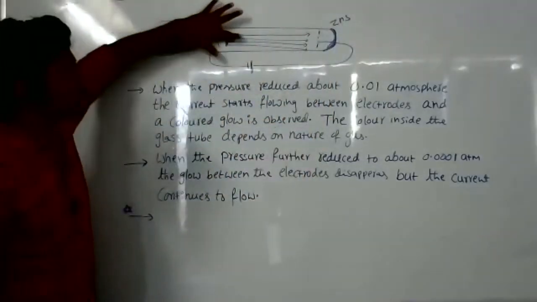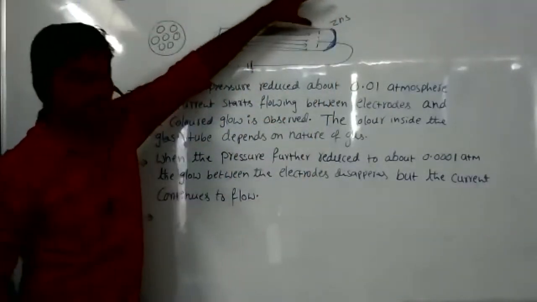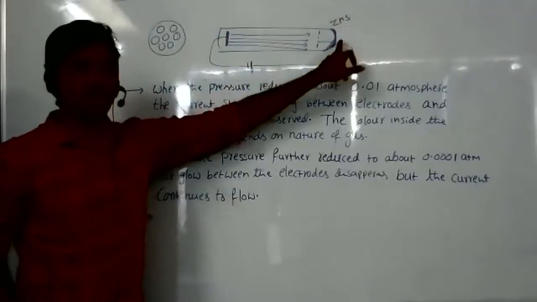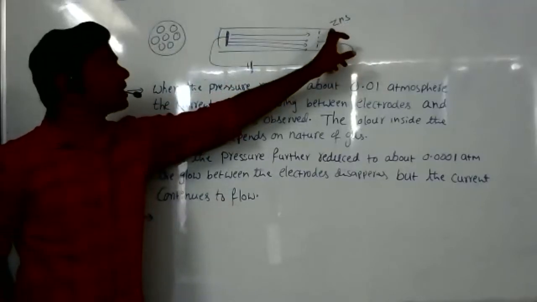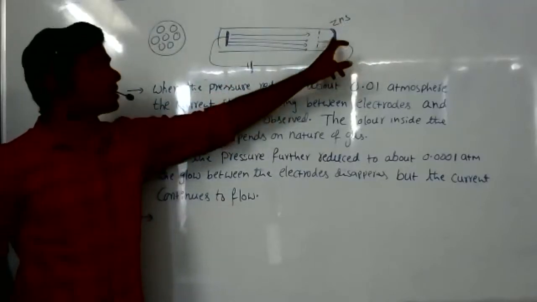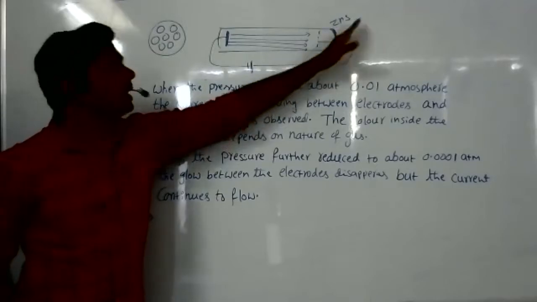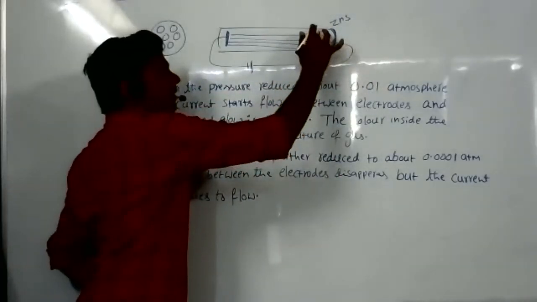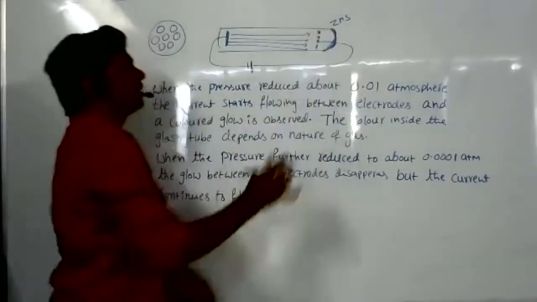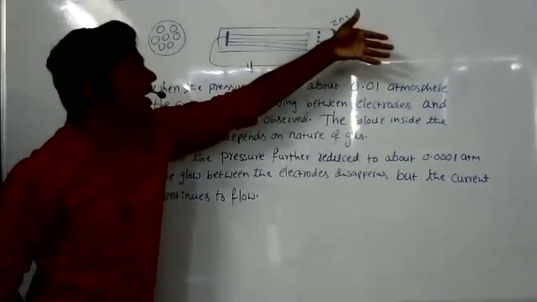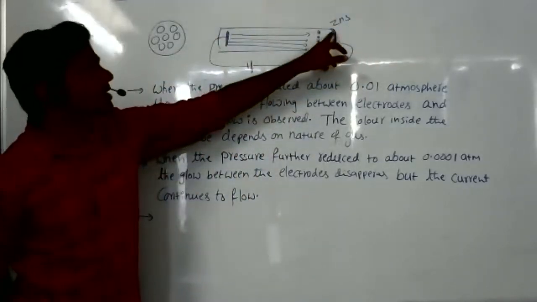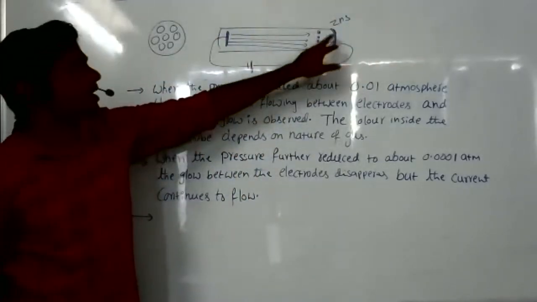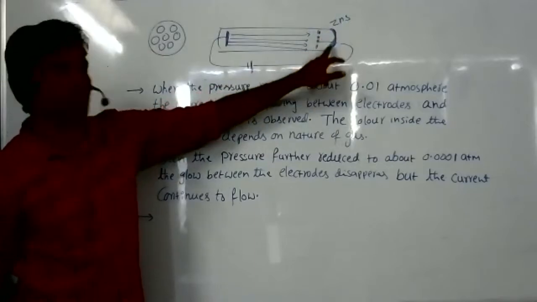Whenever these cathode rays pass through the holes of the anode plate and strike the zinc sulfide screen, some faint greenish color is produced. Some glow we are observing behind the anode. This is a perforated anode, not a simple anode, having some holes. Cathode rays pass through the holes of the anode plate and strike the zinc sulfide screen, producing some faint greenish color.